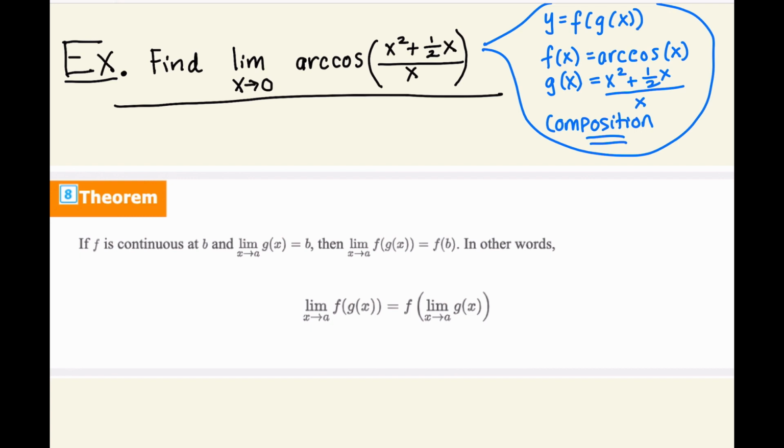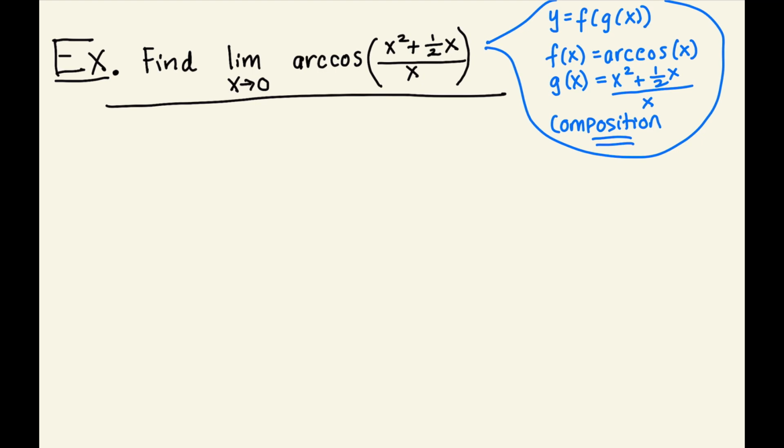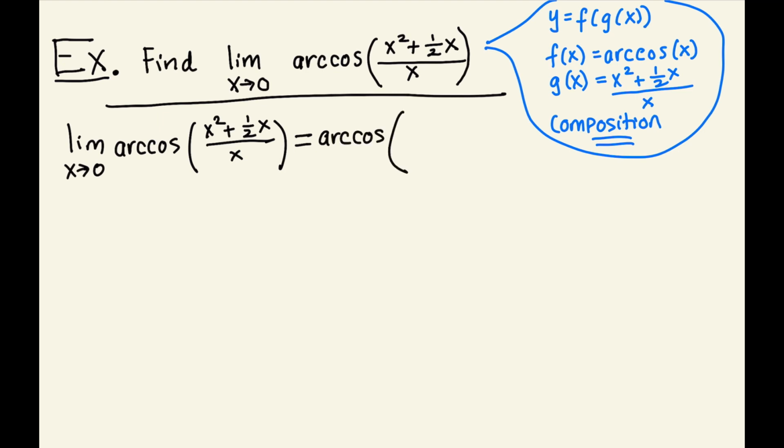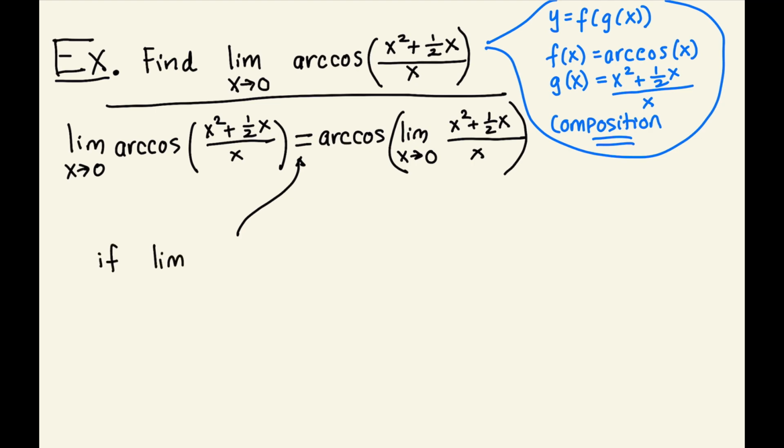If we go back to our original example, this is saying for us that the limit as x approaches 0 of arc cosine of my rational function is equal to arc cosine of the limit as x approaches 0 of (x squared plus 1/2 x) over x, as long as that limit exists.